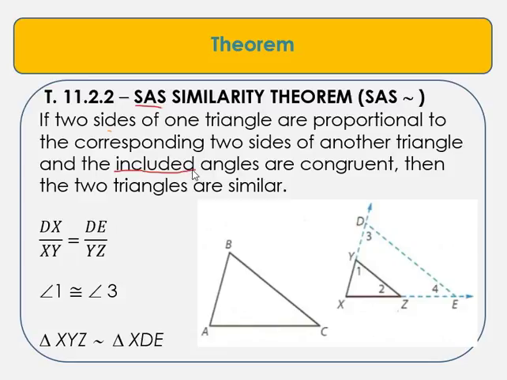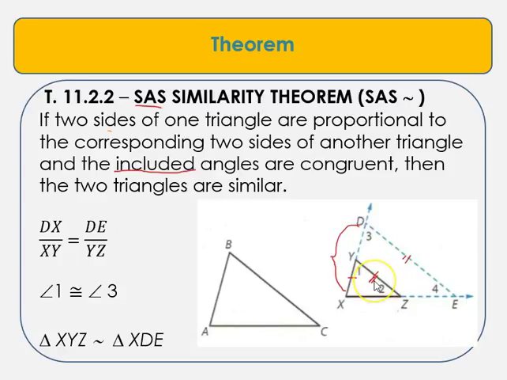We can say that this whole line, DX, is congruent to XY. And this whole line, DE, would be congruent to YZ.